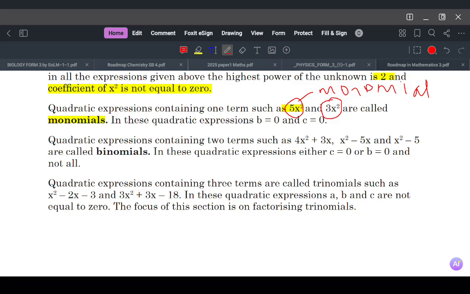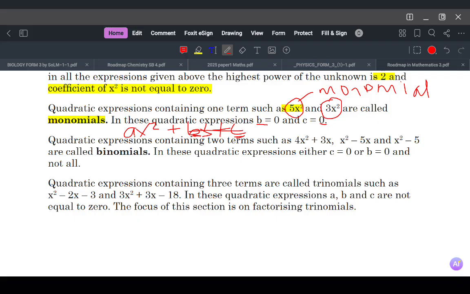In this case, it means that b is equal to 0 and c also is equal to 0. Remember that the general form of a quadratic expression is ax squared plus bx plus c. So in these monomials, it means b is 0, c is 0. When b is 0, you're multiplying b by x, which is going to be equal to 0, and c being 0 also collapses that part of the expression.